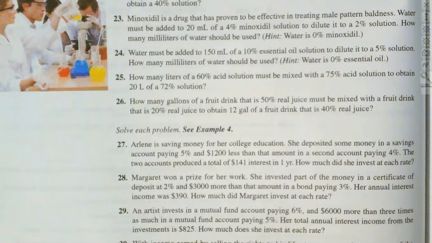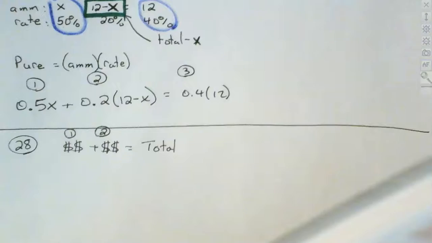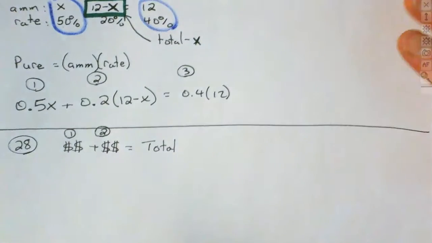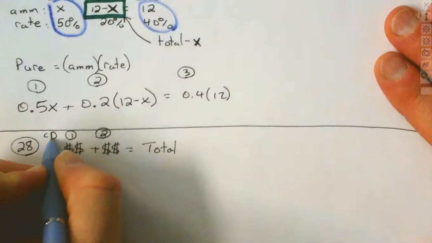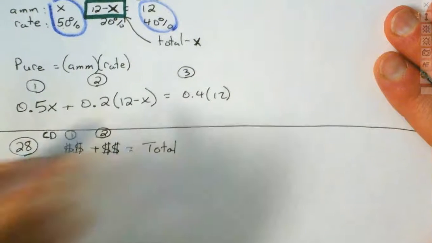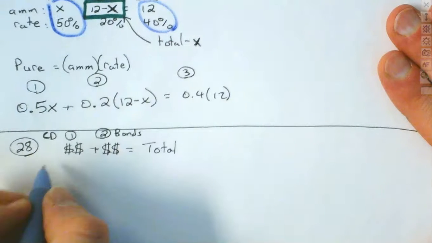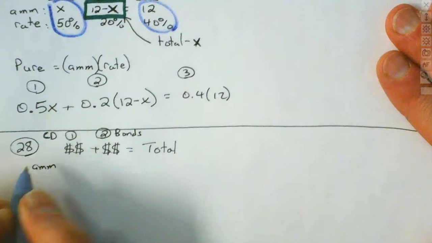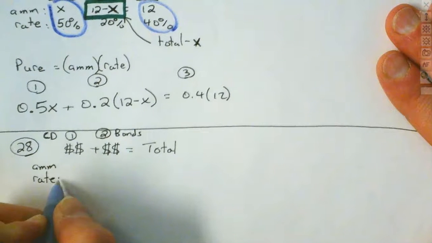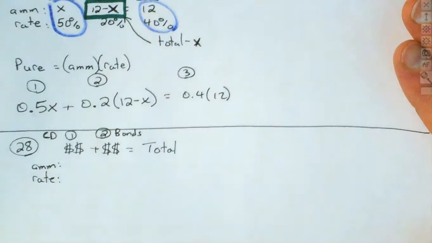Her annual interest income was $390. How much did Margaret invest at each rate? So we've got two different investments here. We have a CD, which is here, certificate of deposit, and we have bonds. So each of these has an amount and a percentage rate.